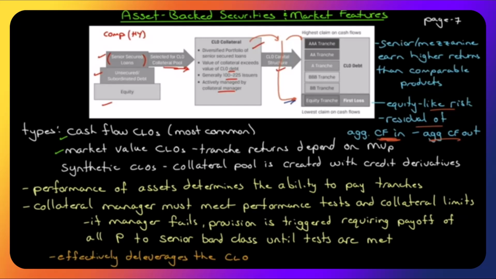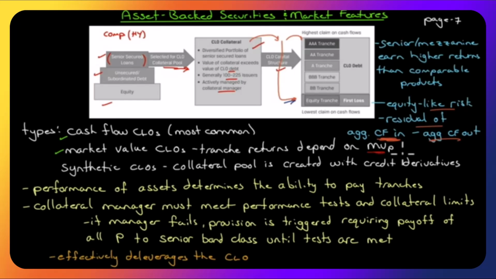A market value CLO. The tranche return depends on the market value of the CLO. This is in relation to the over-collateralization test. Here's the deal. A CLO need not sell any of its loans. So sometimes some loans may have a market value lower than the amortized value. In other words, it has an unrealized loss.